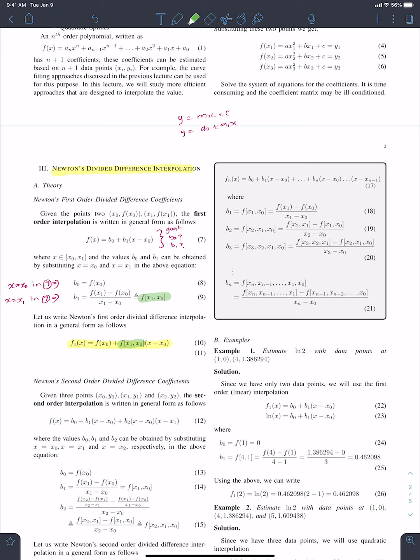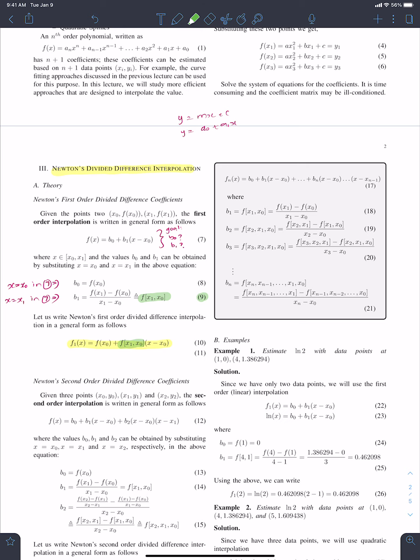Now we found out what b0 and b1 are: b0 is f(x0), and b1 is f[x1, x0], which is defined here in 9. So that summarizes the first order divided difference interpolation. You can give any value for x, and then you can find the interpolation. So we just derived a formula for this.